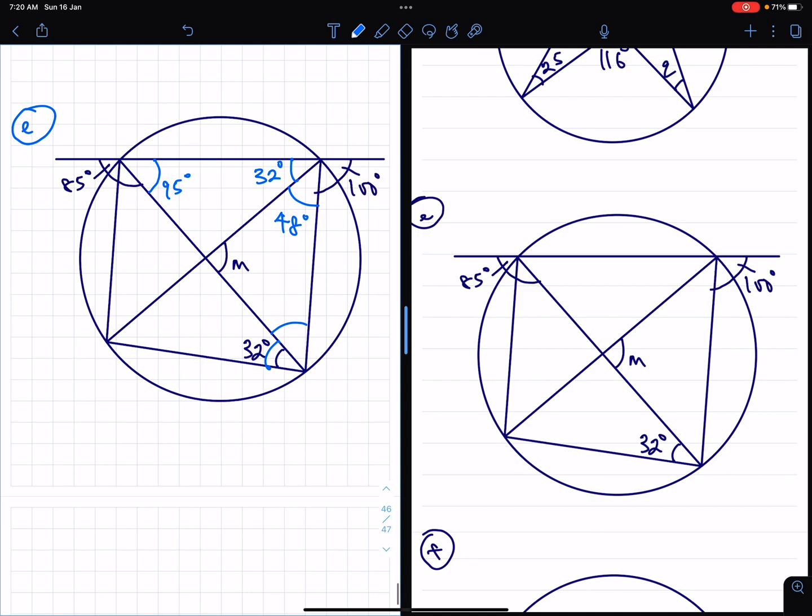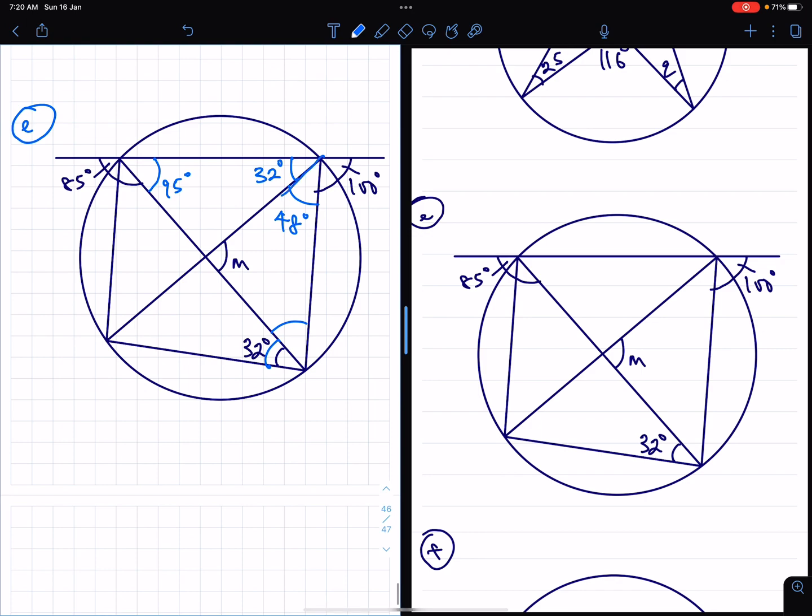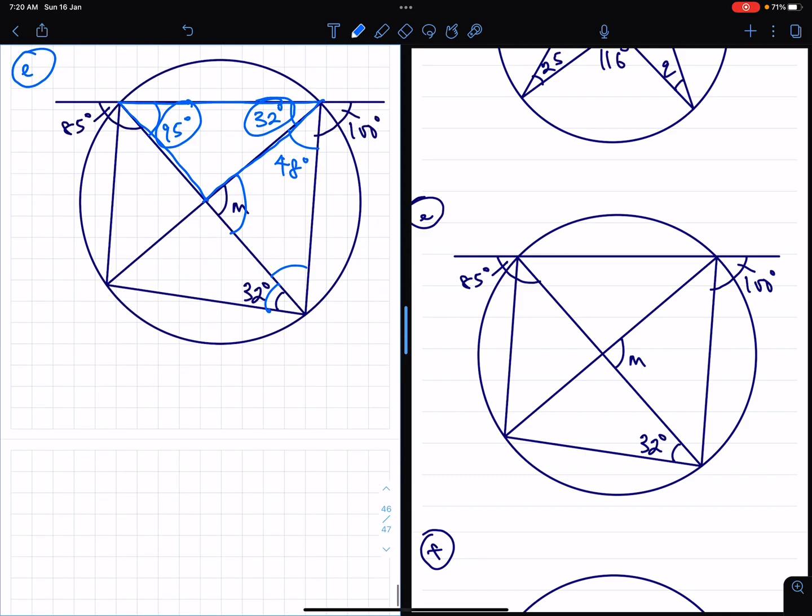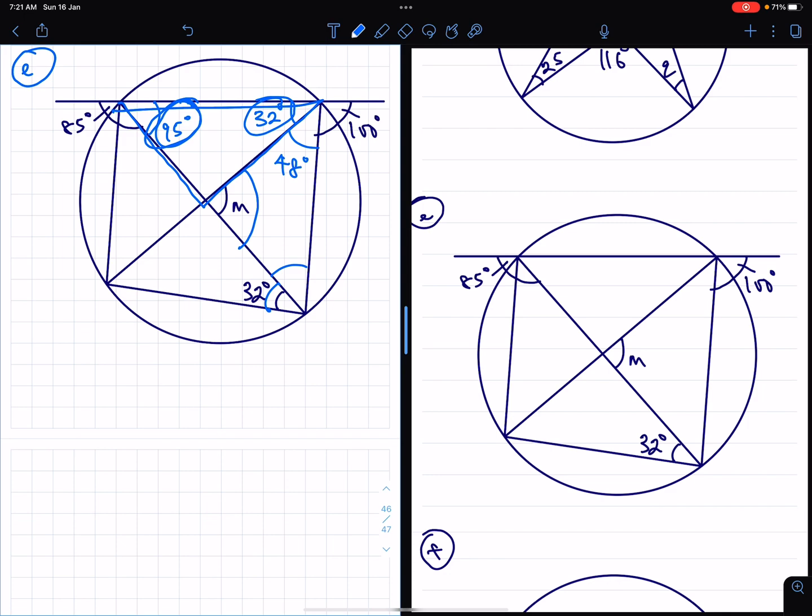I know that angle M is an exterior angle to this triangle. So M is equal to the sum of opposite interior angles, which is 95 plus 32. I'll go over that again. Angle M is an exterior angle to this triangle, so it's equal to the sum of opposite interior angles, and these are the opposite interior angles.